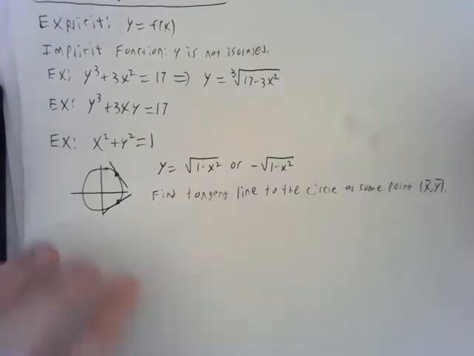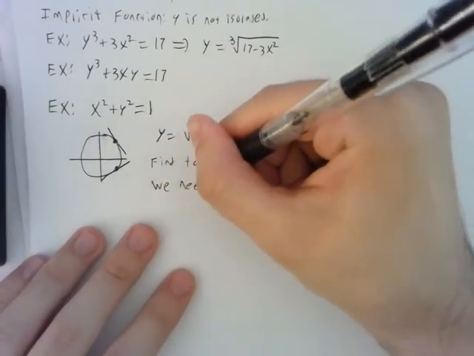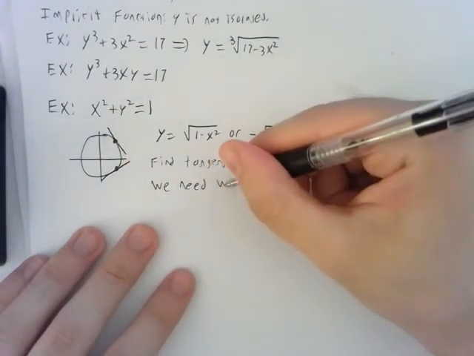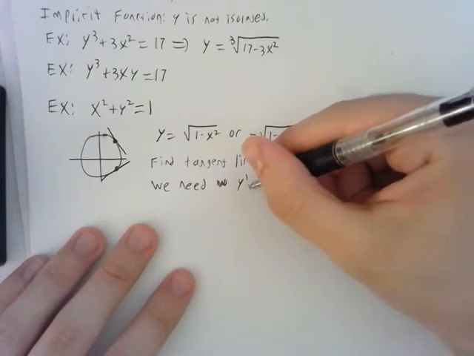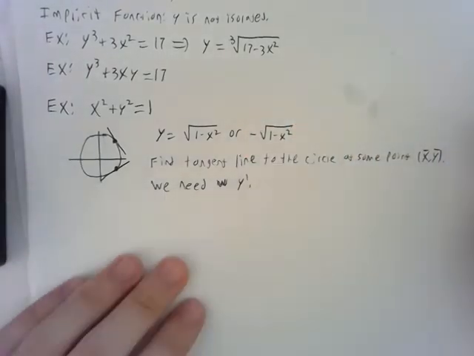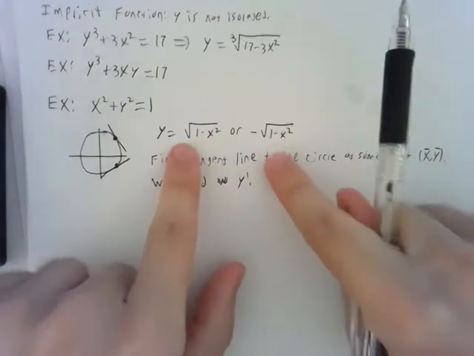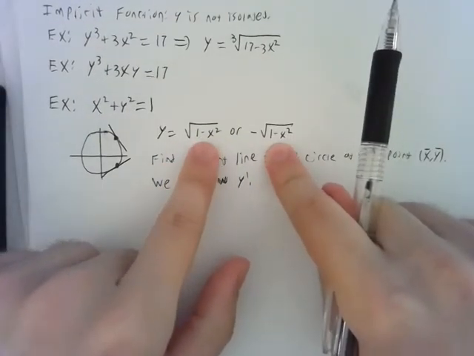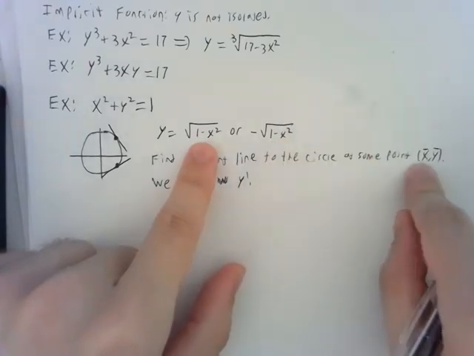If we wanted to find the equation for this tangent line, we need to know the value of y prime, which should be the slope of the tangent line. However, if we do this, then we have two different equations for y, so we'd have to figure out which one is appropriate to use depending on the point.